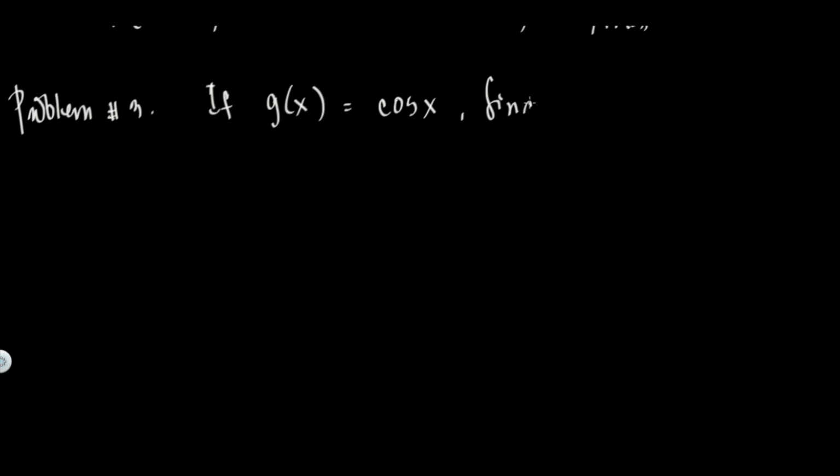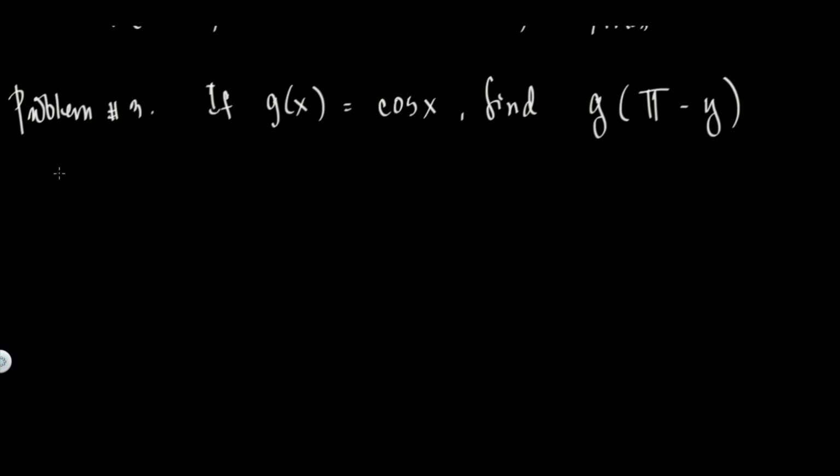Okay, problem number 3. Okay, if say g of x is equal to cosine of x, find g of pi minus y.